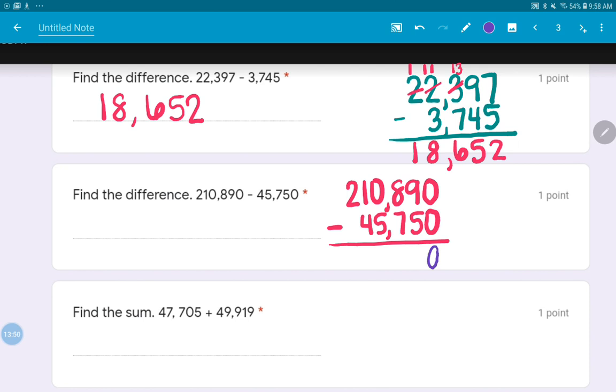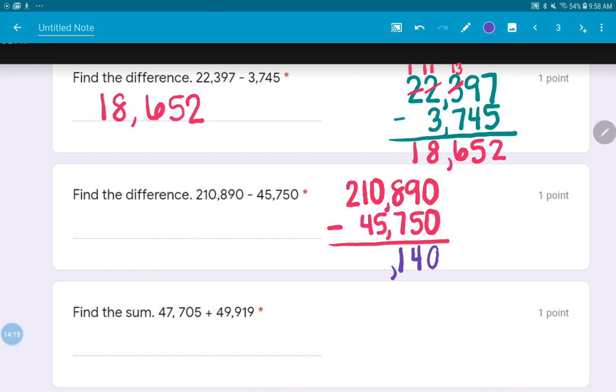Okay, so what next? 9 and 5. You can take away 5 from 9. Mm-hmm. And 9. Okay. And then that one will be 1. 8 minus 7 is 1.